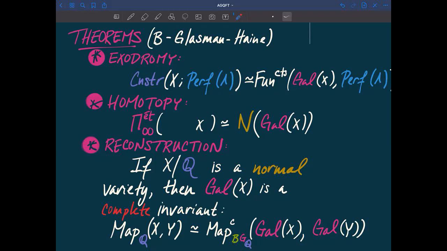You need to remove only points over Q bar. You're not allowed to remove transcendental points. That's right. Actually, that issue comes up in one of Mochizuki's theorems in anabelian geometry, where you're reconstructing things just from the fundamental group, where you just delete the algebraic points.